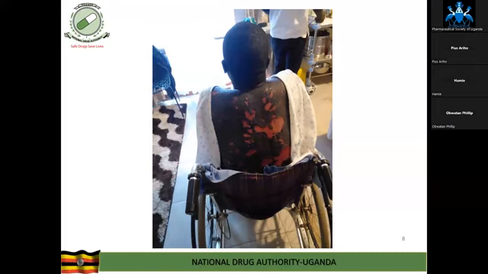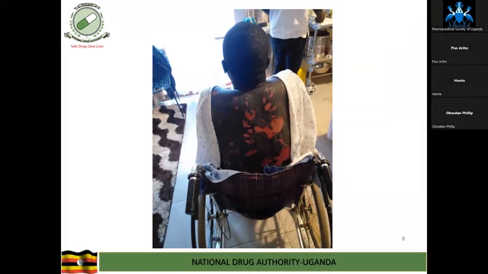Is it the disease? Is it the hygiene or anything to do with the hospital? That question can have very many answers. But the role of pharmacovigilance is to single out that this probably was caused by the drug. The scope of things that can cause this is very big.